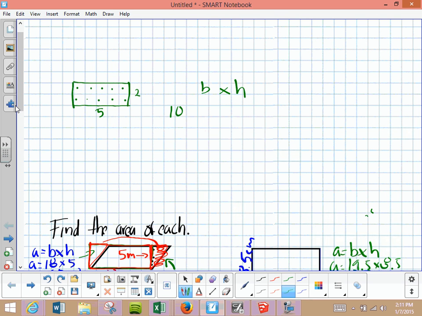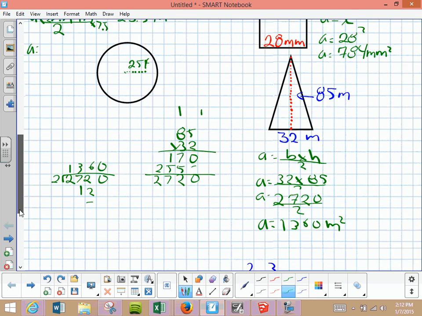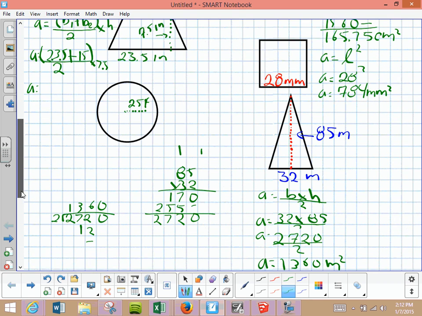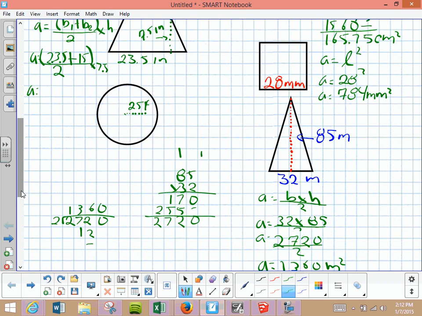I have 10 squares. Right? That's why you put the little 2 on top, because it means that the area will be equivalent to however many squares are in that area. All good? All right. Let's go on.